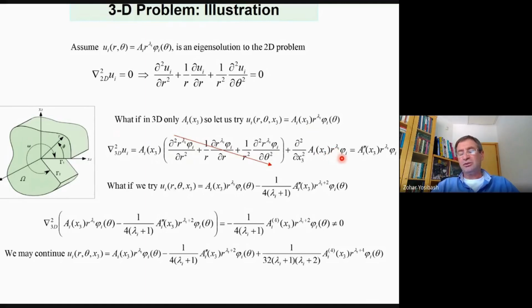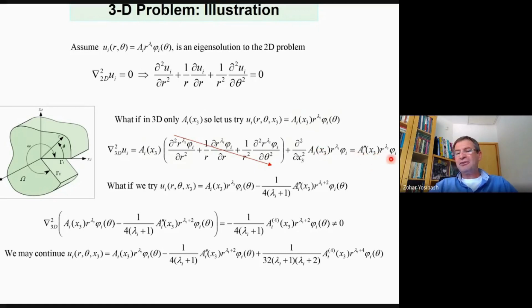But this is not 0 because we cannot expect that this function here will be a constant. Only if this function here will be a constant, then I will get a 0. But if this would be a constant, it will mean I have a 2D solution. But I'm looking for a 3D solution. So this is not 0.